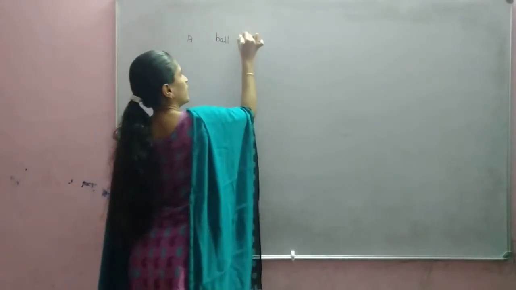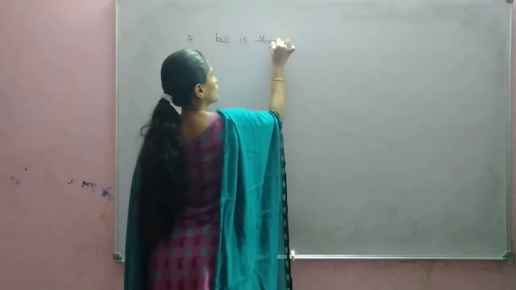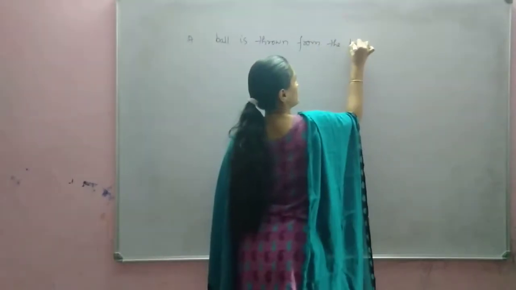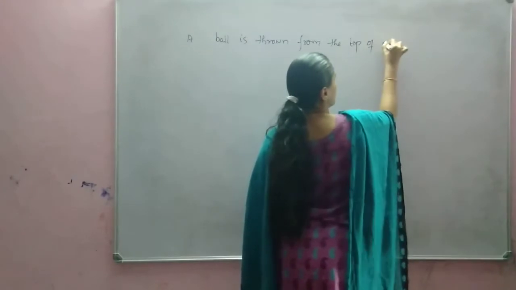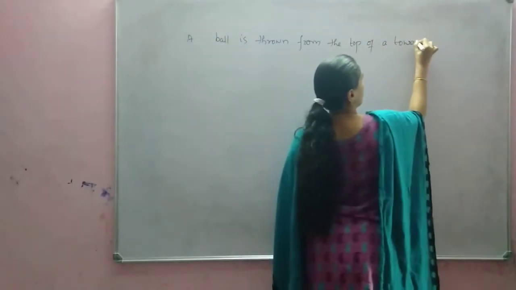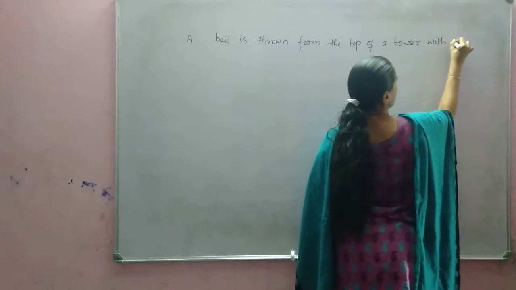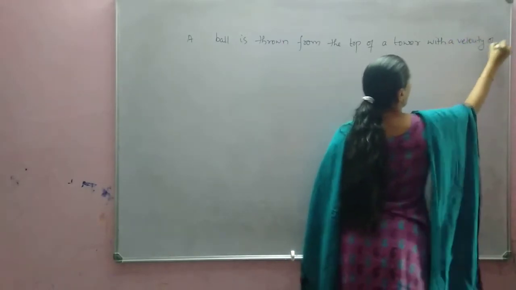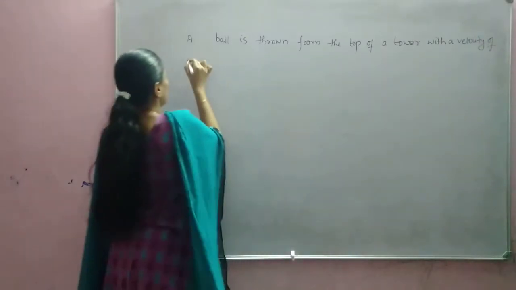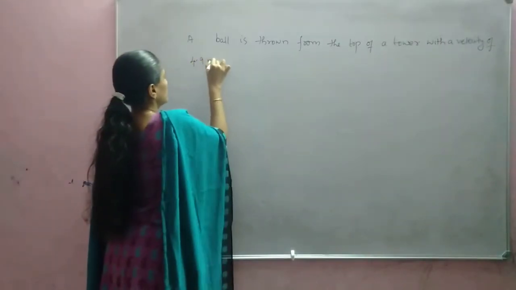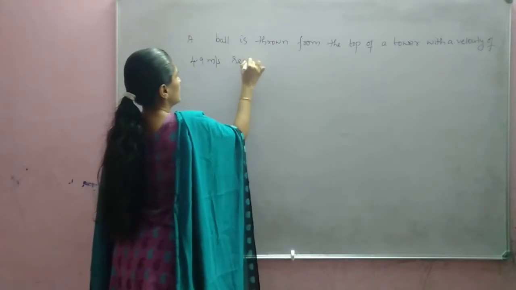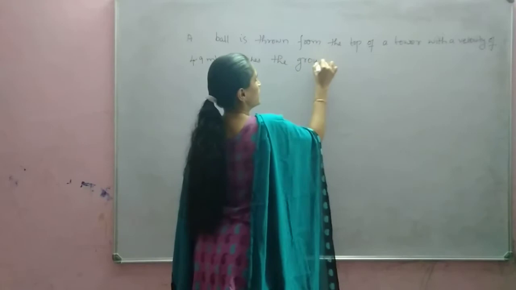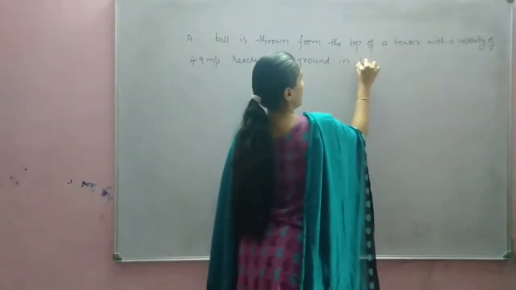A ball is thrown from the top of a tower with a velocity of 4.9 meter per second and reaches the ground in 10 seconds.